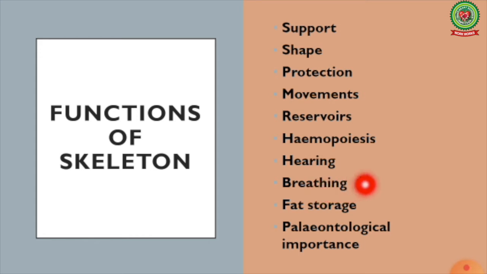Breathing. Sternum and ribs play a vital role in the process of breathing. Fat storage. Marrow cavity of long bones is full of bone marrow, which is made up of adipose tissue.